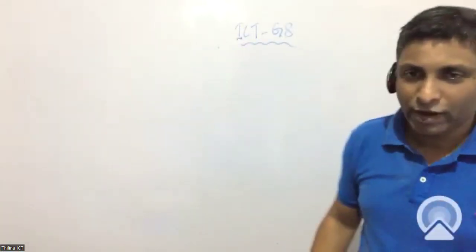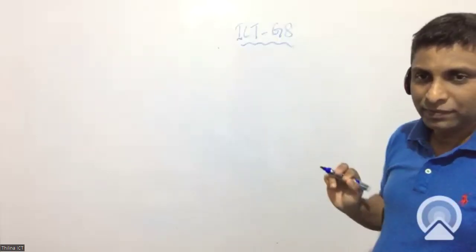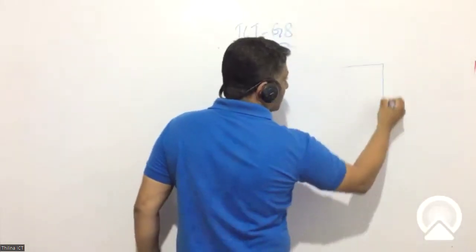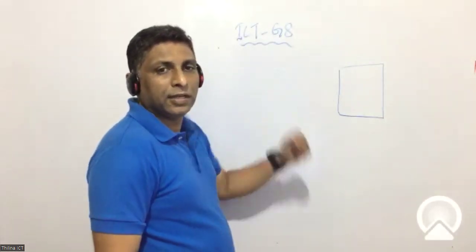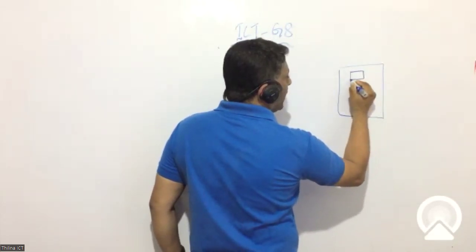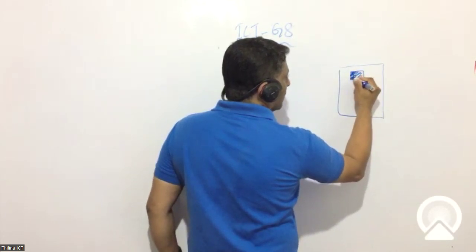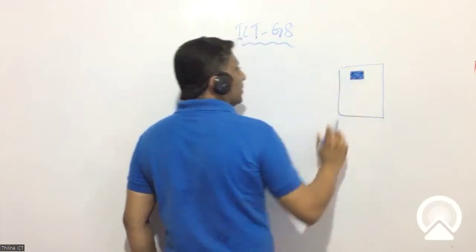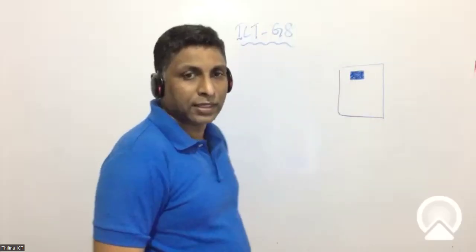So let's see how a printer draws an image, right? Let's say this is an image file. We need to print something like this. Some sort of rectangle, fully black color, let's say as an example.